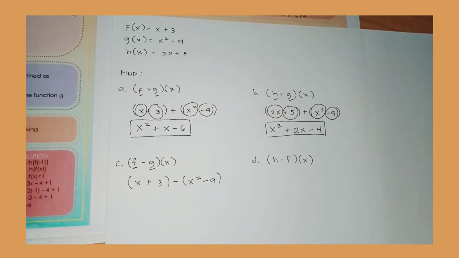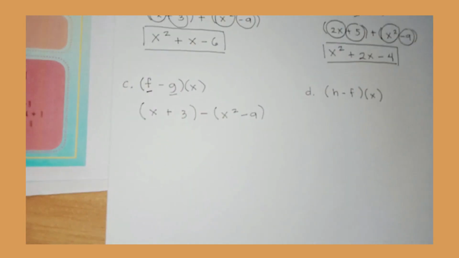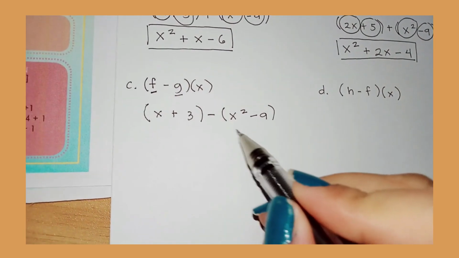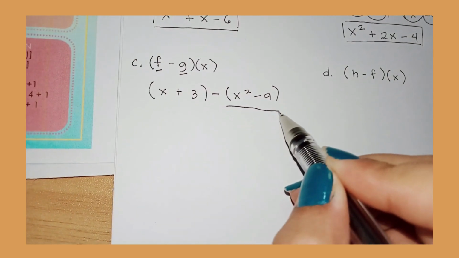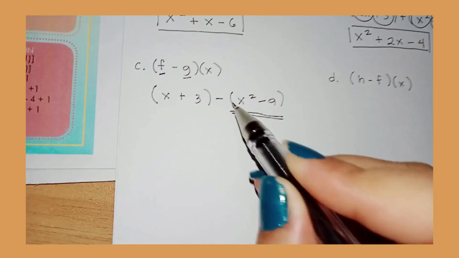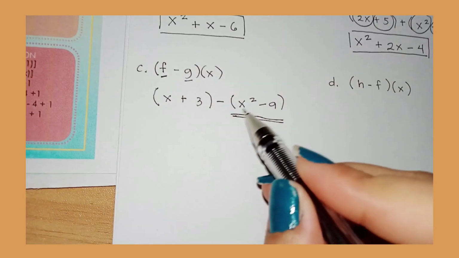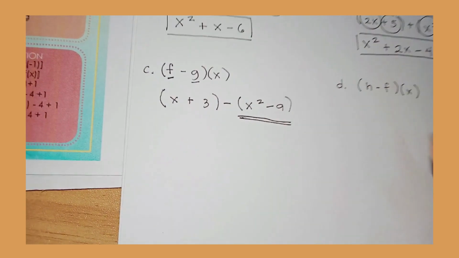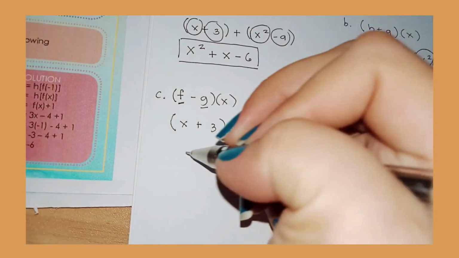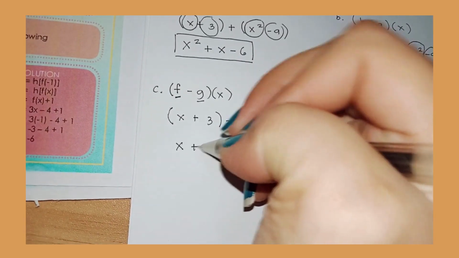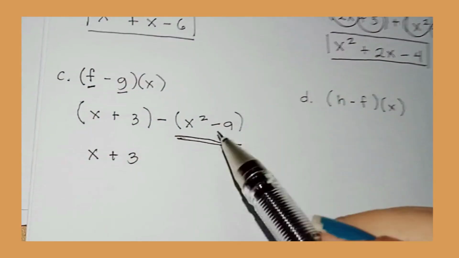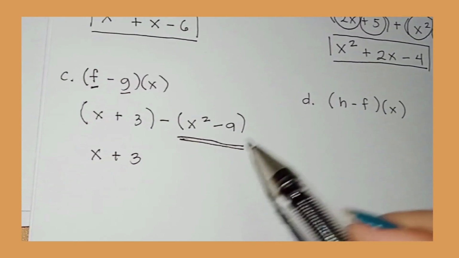Next thing to do, let's focus on this one. Consider natin yung nasa dulo after nung negative sign. So, lahat na nandito, papalitan natin ng sign. Kopyahin muna yung nasa unahan, x plus 3. And then, sabi ko nga, lahat na nasa dulo, papalitan ng sign.